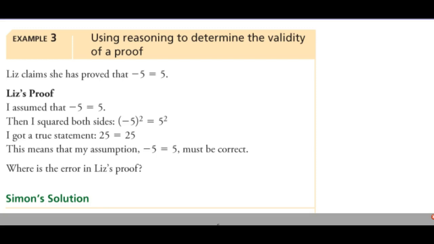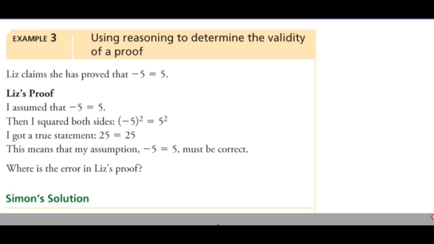So then it says this means that the assumption minus 5 is equal to 5 because 25 is equal to 25. Okay, so where did she make a mistake? Anybody see where she made a mistake?